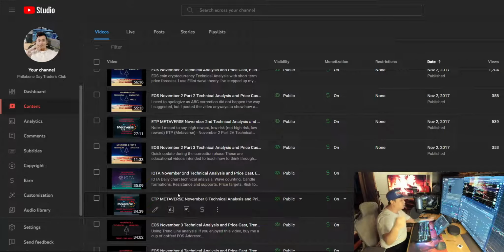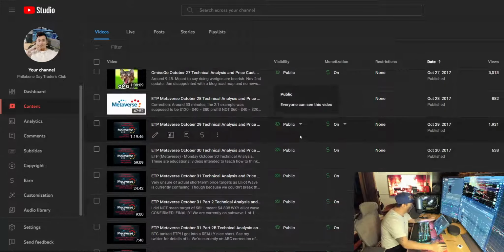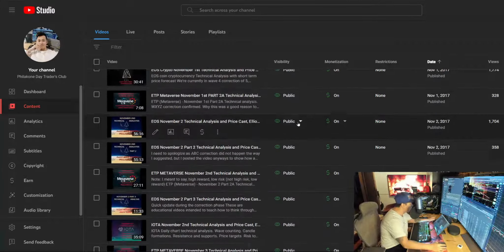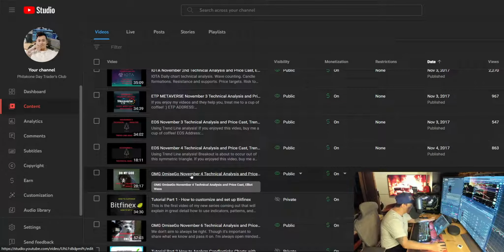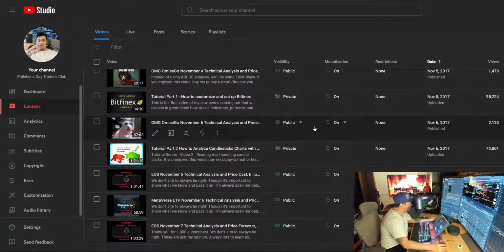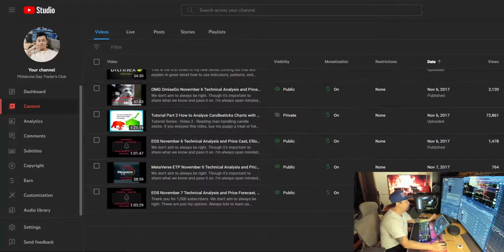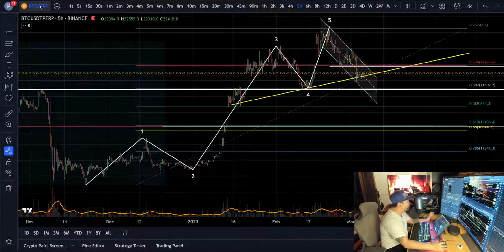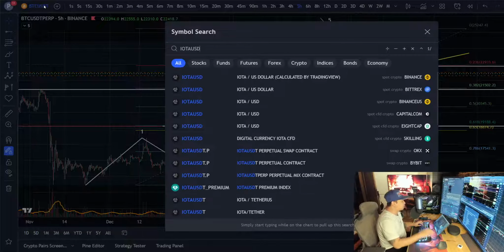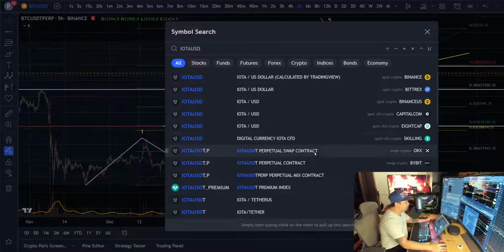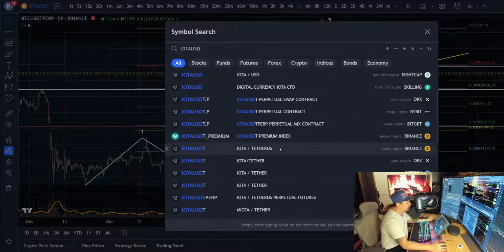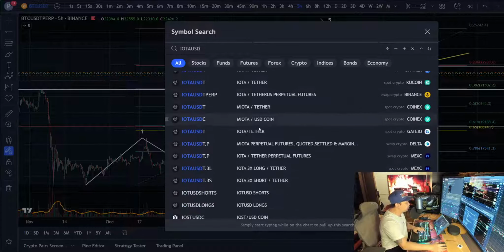So EOS, OmiseGO, IOTA, as you can see here, they were my top coins. I was doing a lot of technical analysis on these coins, and they all blew up to some of the biggest numbers that you'll ever see in the world.